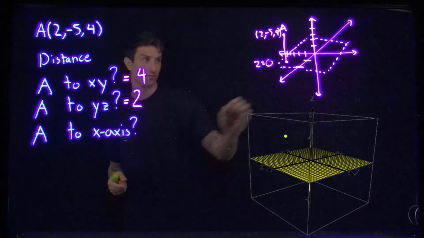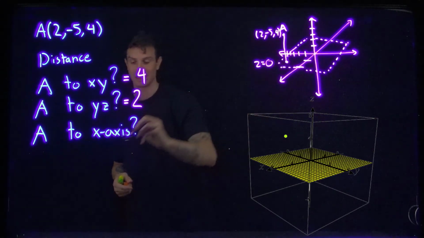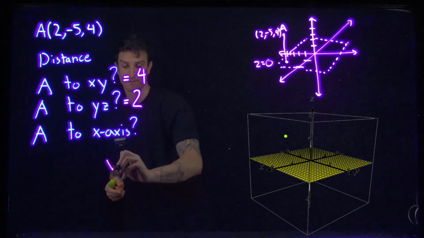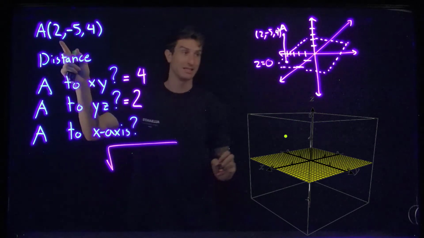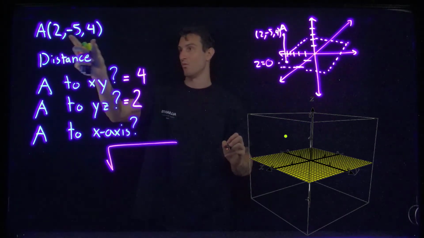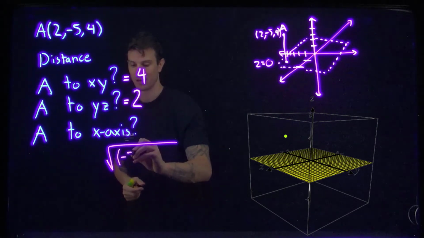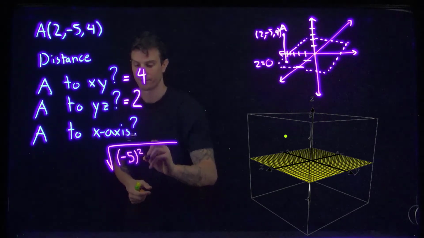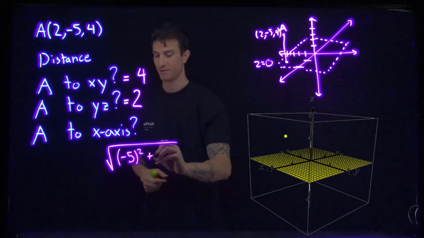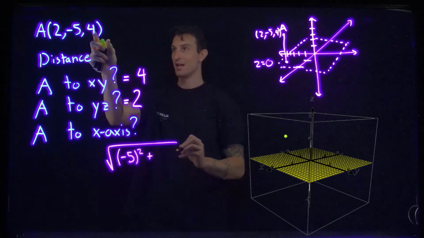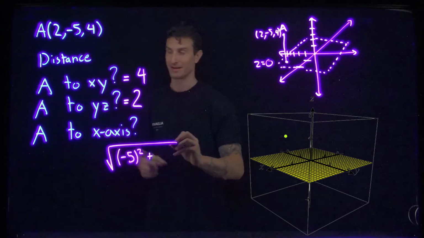So in order to find the distance of our y's and z's, we use our Pythagorean theorem, or our distance formula in 2 dimensions. And I'm going to find the distance between my y, which is just going to be -5 squared, plus my z, right? My y value is 5 away from my y-axis. My z value is 4 away from my z-axis.